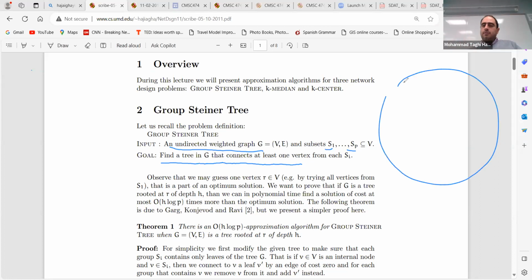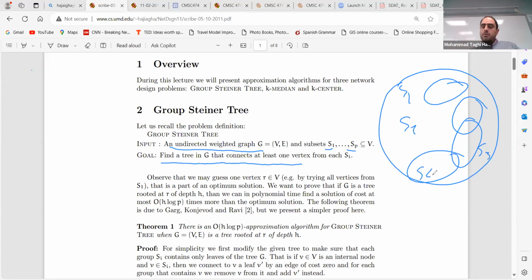So this is the whole graph, and these are some of these S1, S2. Some of them may have intersection. This is, say, S1, S2, this is S3, S4. And you want to create a tree, maybe a tree that goes to this one and this one and this one, that has the minimum cost.